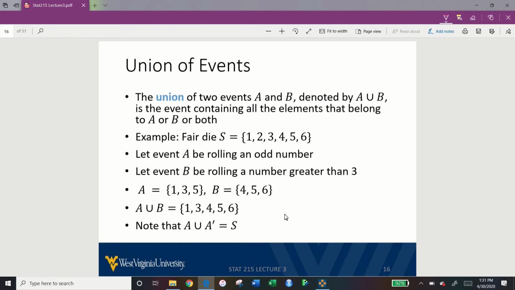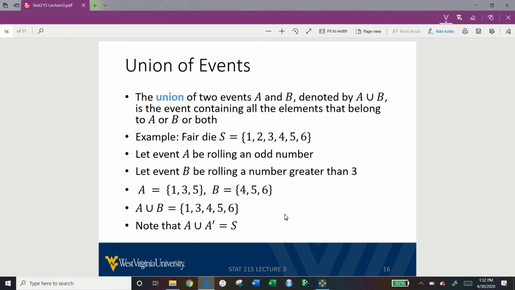For example, using our fair die, we have our sample space of 1, 2, 3, 4, 5, 6. We are going to let event A be the rolling of an odd number. We are going to let event B be the rolling of a number greater than 3. So for our event A, rolling an odd number, that will give us a subset of 1, 3, 5.